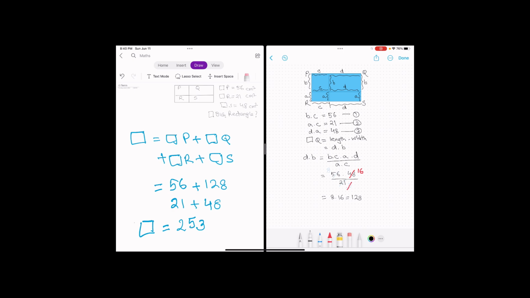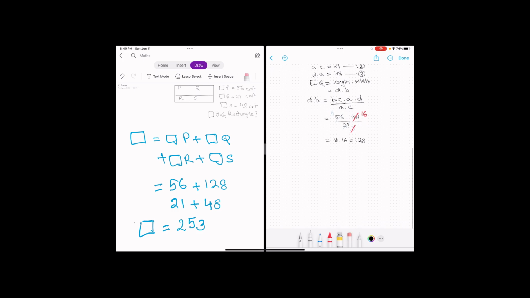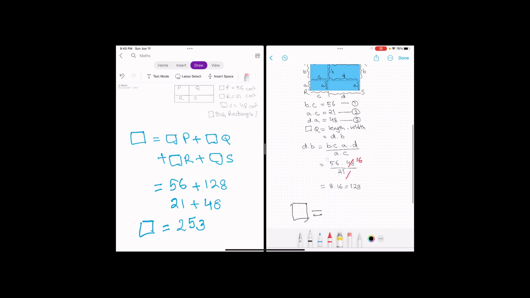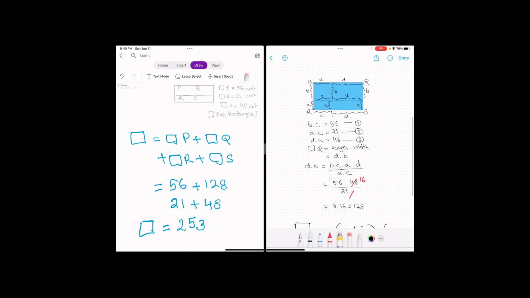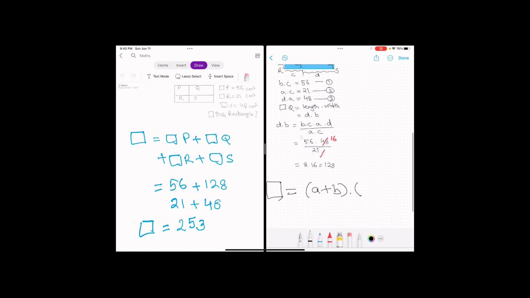So I can say that the area of the big rectangle is the multiplication of A plus B, which is one side, multiplied by the other side, which is C plus D.